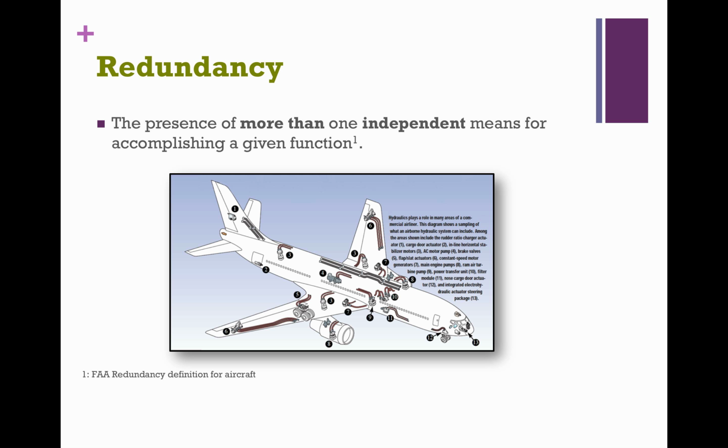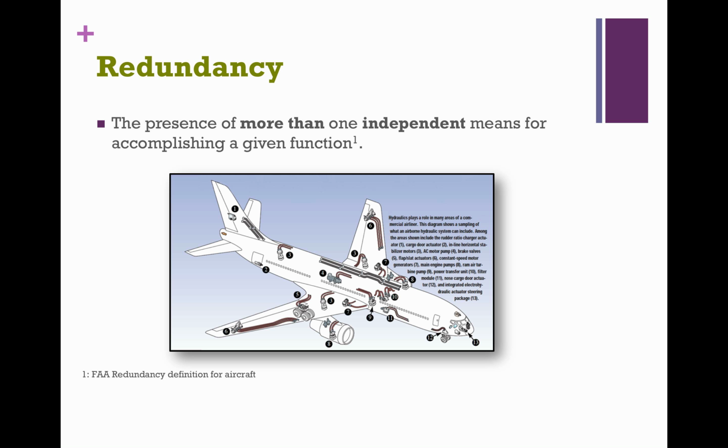So as you can see, the diagram shows 2 separate hydraulic lines to control the rudder. All right, so if one hydraulic line goes down, then they can go to the other one. And they might even have a digital system, so there might be triplicate redundancy. So double redundancy would mean that there's 2 ways, triplicate means 3 ways, and so on and so forth.